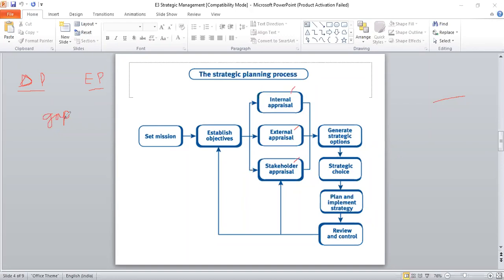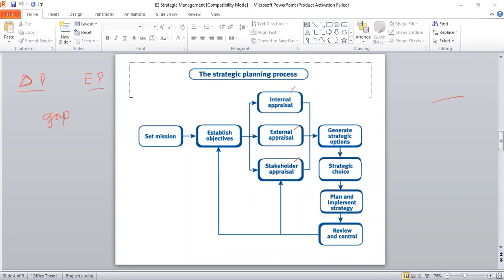If both of them are not on par, then there is a gap between these two. When there is a gap, measures should be taken to close the gap. How would they close the gap? It is about generating the strategic options. So what would they do to close the gap? That is what has to be understood.